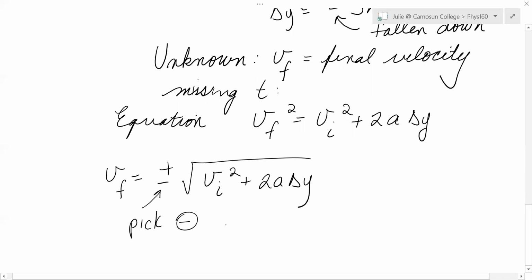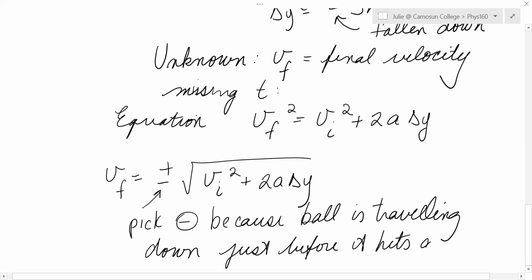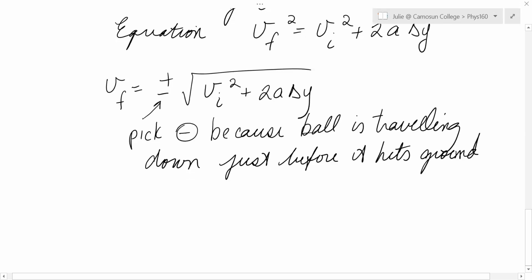Pick the negative because the ball is traveling down just before it hits the ground. Okay, and so that's why you choose the negative number, because it's got a downward velocity, vf.